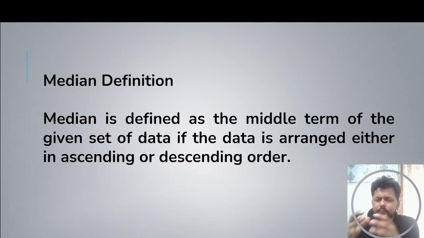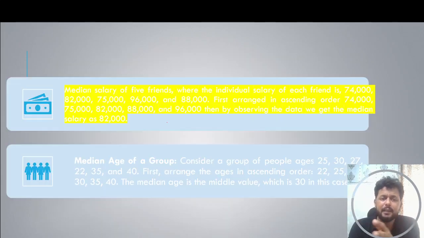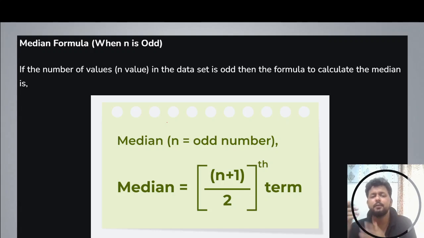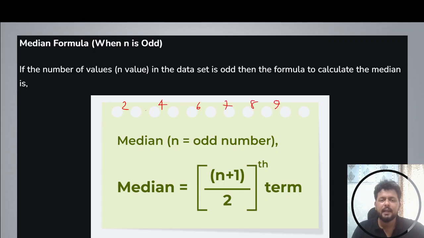So median is basically the middle term. There are many formulas. If you have a simple kind of data, let's say we have 2, 4, 6, 7, 8, 9. How many numbers are there? 1, 2, 3, 4, 5, 6, and 7. Let's say we have this data and we want to find the median. Median is the middle term. First of all, we arrange the data in ascending or descending order.